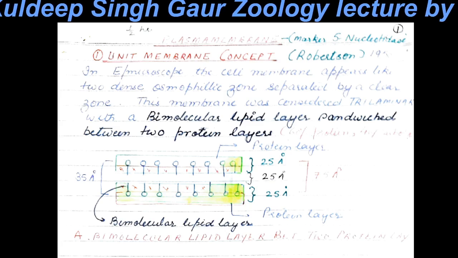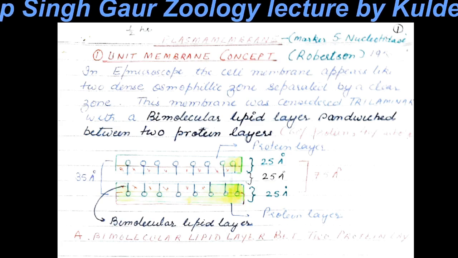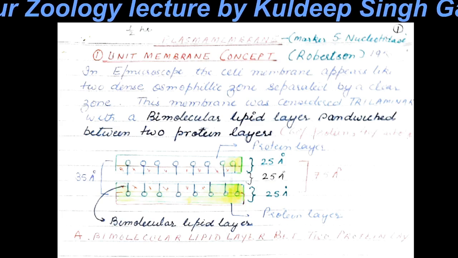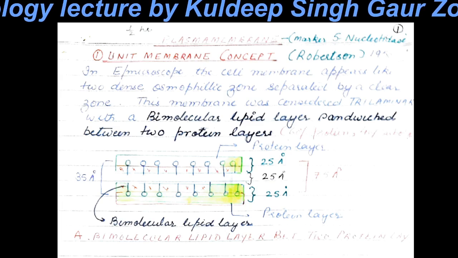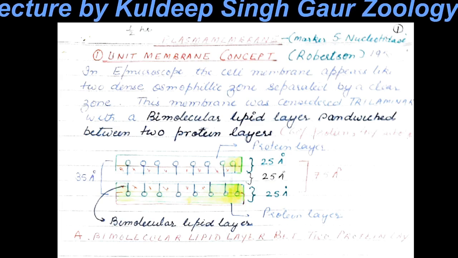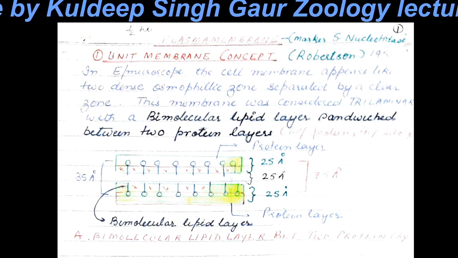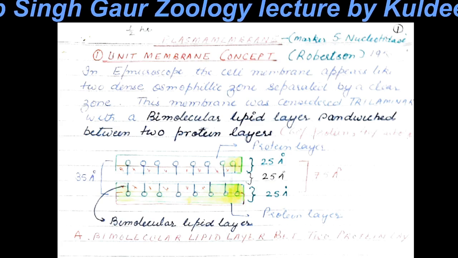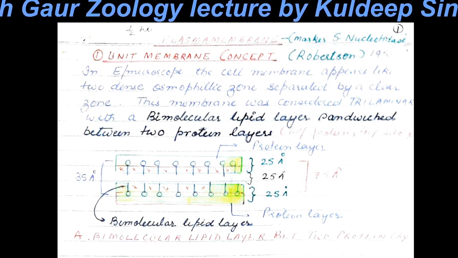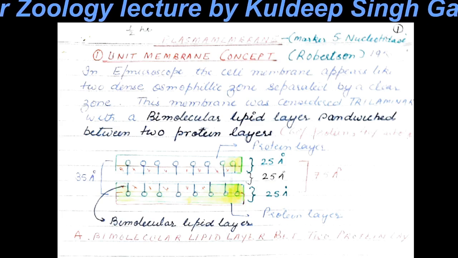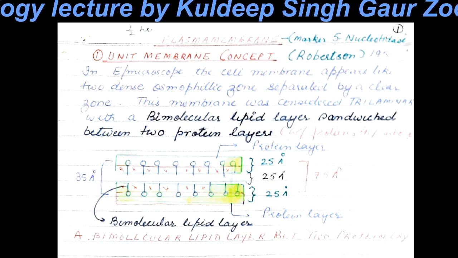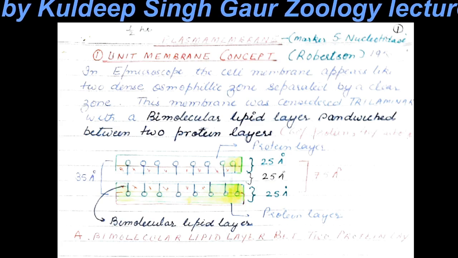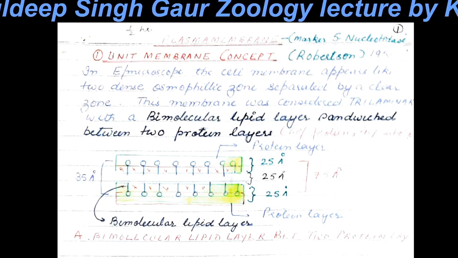And apart from these, certain other models have also been proposed, and one important one is the unit membrane concept, given by Robertson. He stated that if we see the plasma membrane under the electron microscope, the cell membrane appears like two dense osmophilic zones separated by a clear zone, as you can see in the slide, which depicts the lipid bilayer between two protein layers.